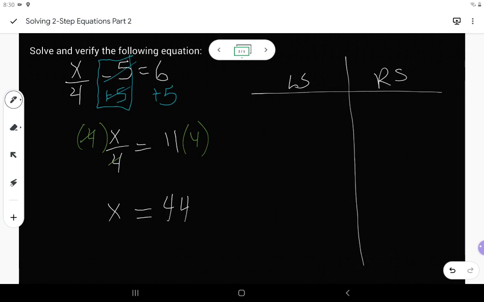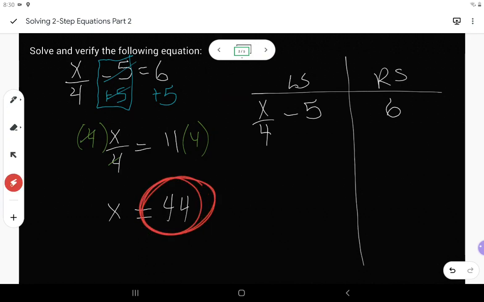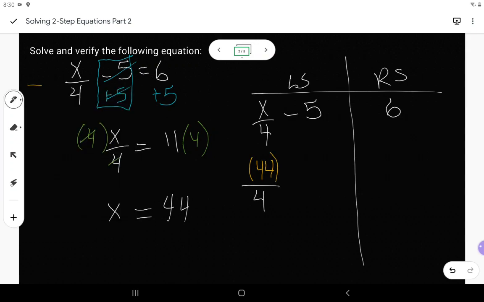I'm going to start checking, verifying, by writing the original equation that I had before I started doing anything. I had x over 4 minus 5 on the left-hand side of the equal sign, and on the right-hand side I had 6. We said that x should be 44, so instead of writing x, we're going to write 44. I'm substituting it back into my expression, so instead of x over 4, it's 44 over 4.